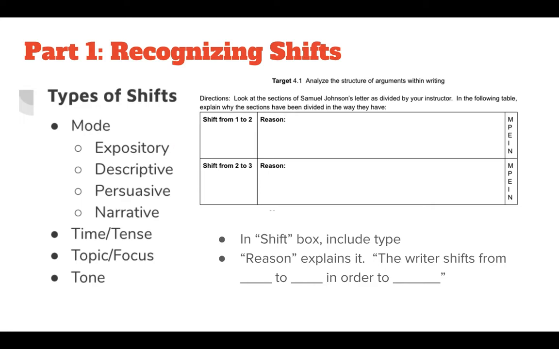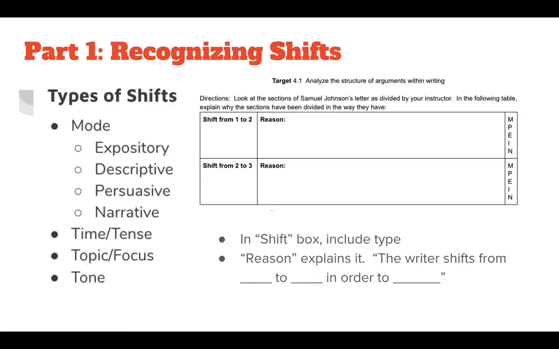Expository, again, is where you are explaining or informing someone of something. Descriptive is where you are describing in detail one thing. Like, for example, if I described how my room was laid out, saying, when you first walk in the door and you look to the left, you'll see the whiteboard and all of the desks arranged around the classroom.